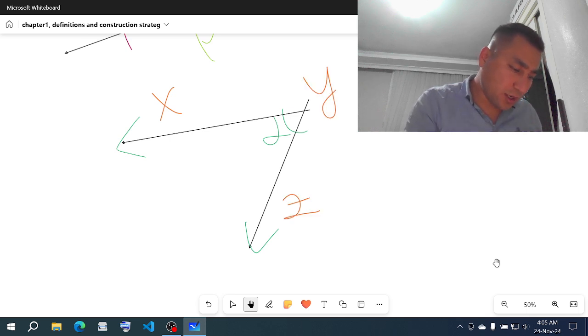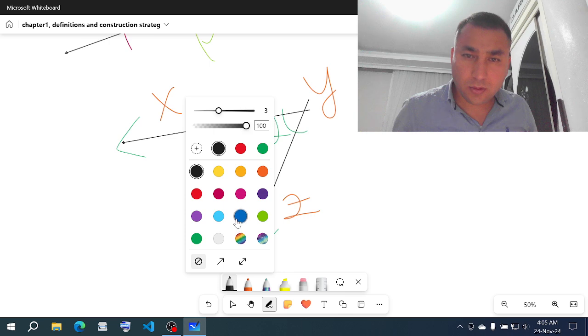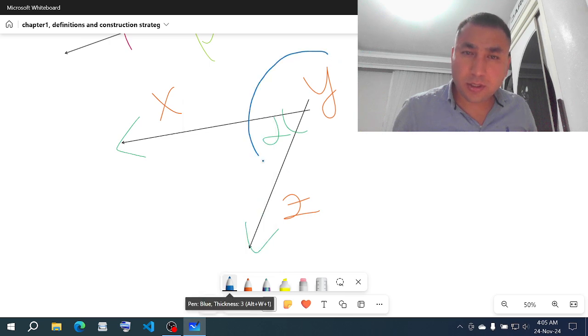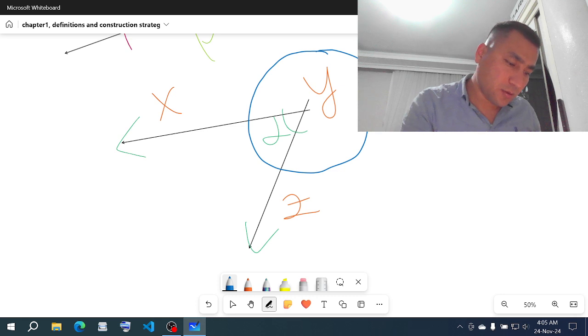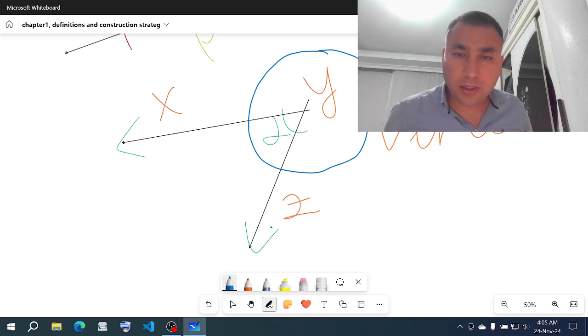So this y is called the vertex. Okay guys, this is called the vertex. And we have the sides like xy and yz, they are the sides.